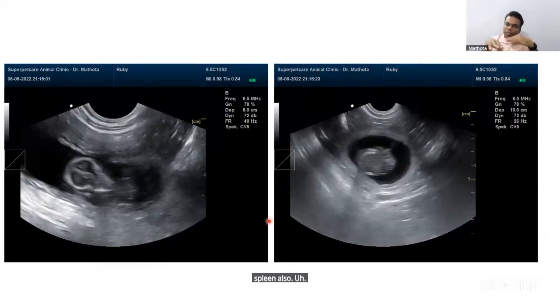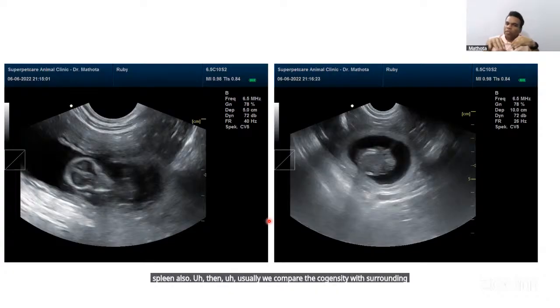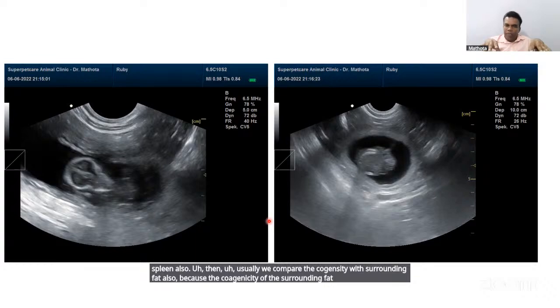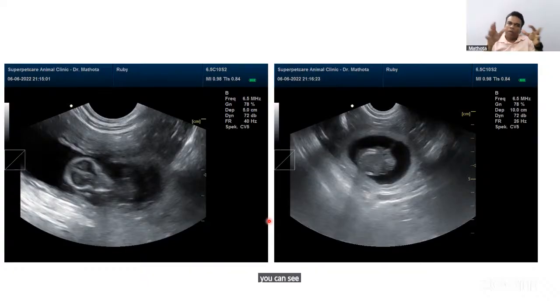Then usually we compare the echogenicity with the surrounding fat also. When you do ultrasound scanning of the kidney, you can see the surrounding fat echogenicity is almost isoechoic to the renal cortex.